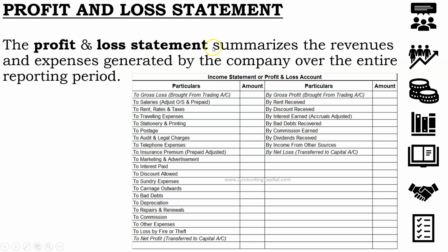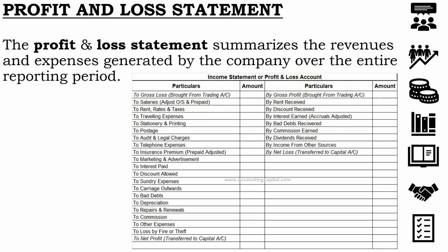The profit and loss statement summarizes the revenues and expenses generated by the company over the entire reporting period. So here, on the debit side, we debit all the expenses, and on the credit side, we have all the revenue earned, like the rent received if we have any business of letting out properties, then the discount received.